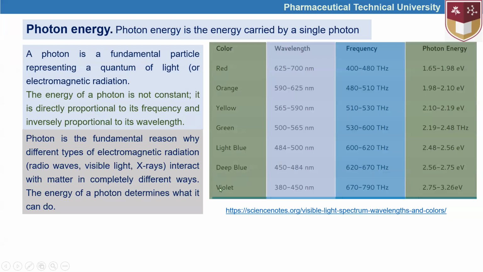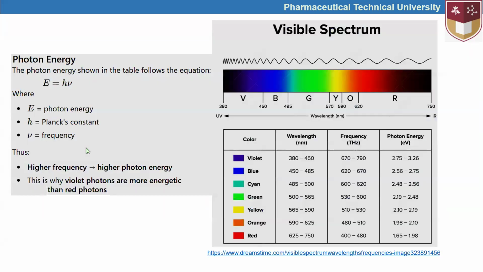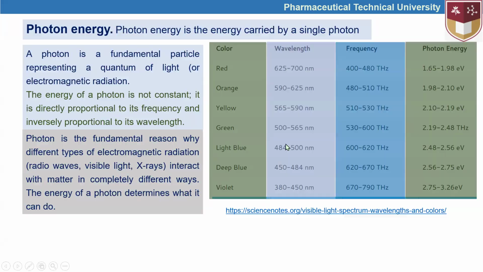The photon energy of violet is between 3.26 to 2.75 eV, electron volts, and here we can see it is between 1.98 to 1.65 in red color.